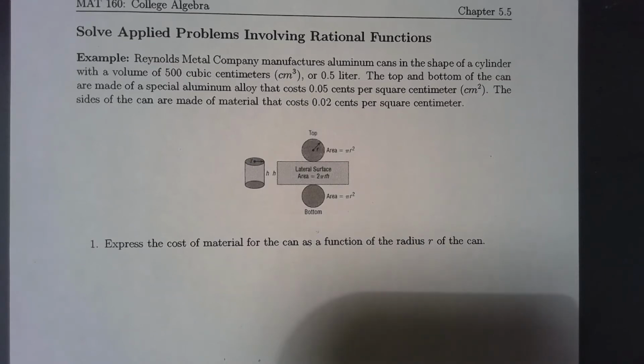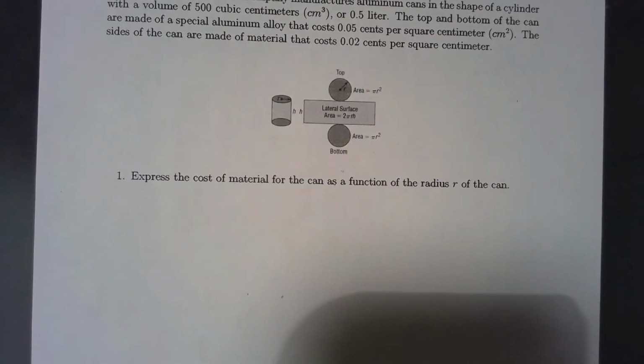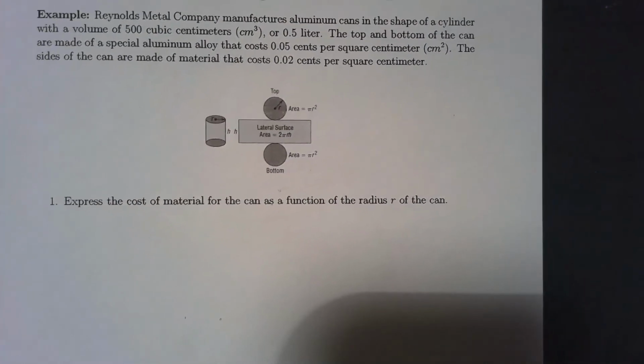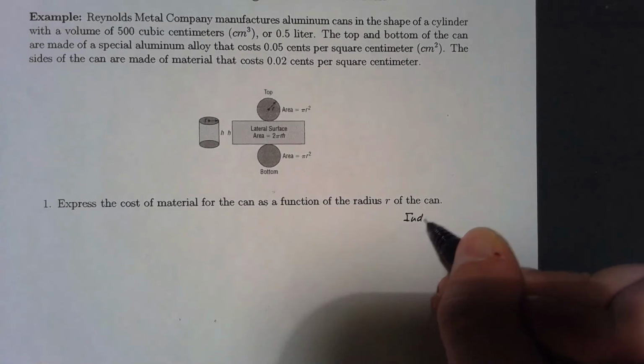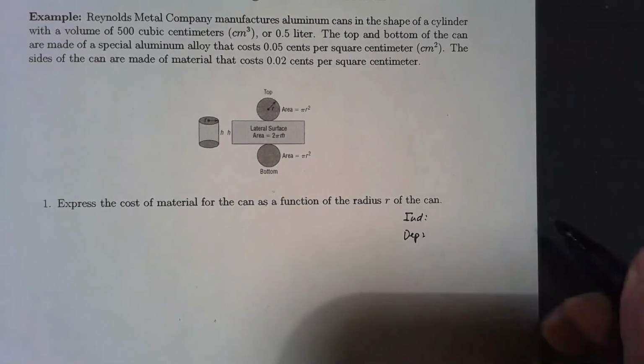All right. So in this problem, I want to express the cost of material for the can as a function of the radius of the can. So I want to find an independent and dependent variable.